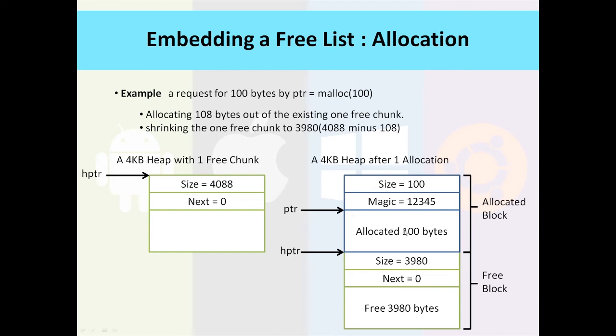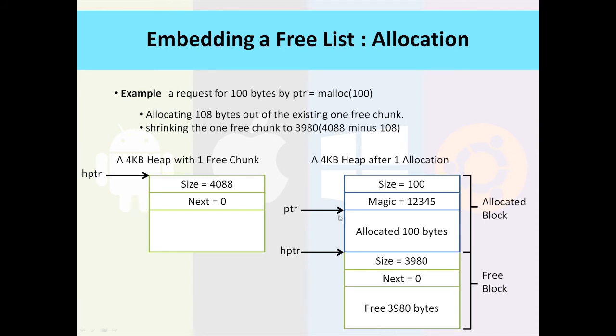And this is what it would look like after you have performed the allocation. Now we have an allocated block and we still have a free block. This allocated block is one in which we've allocated 100 bytes to be utilized. It's important to note that this size is not 108, right? It is the size of this allocated chunk here, not the entire block itself.